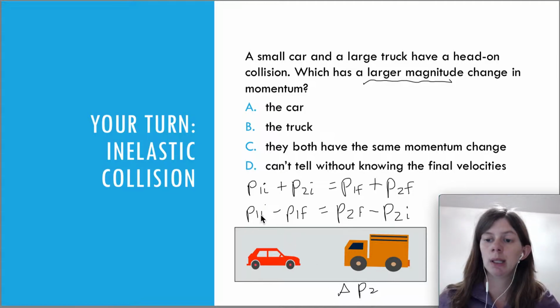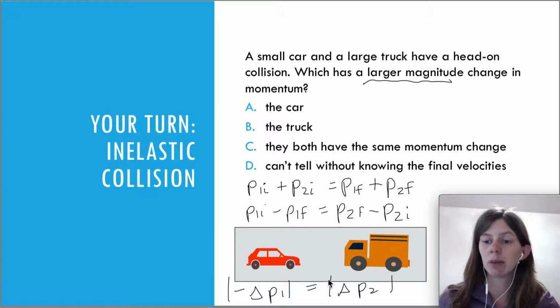Now P initial minus final is the negative of a change. It's negative delta P1. So you can see that I'm asking for the magnitude change in momentum because I want us to disregard the negative sign. If we disregard the negative sign and take an absolute value, they have the same change in momentum.